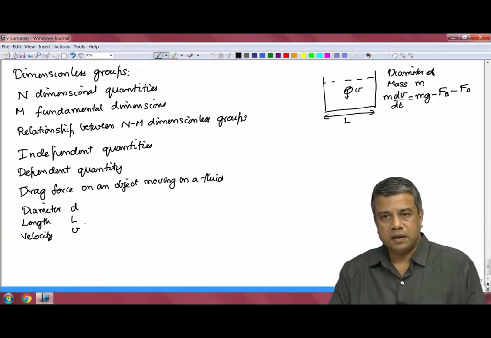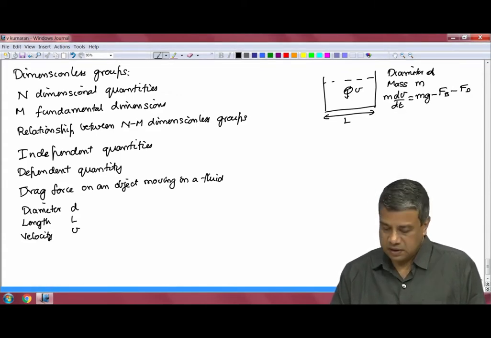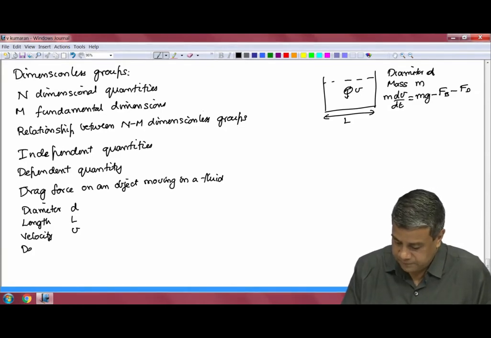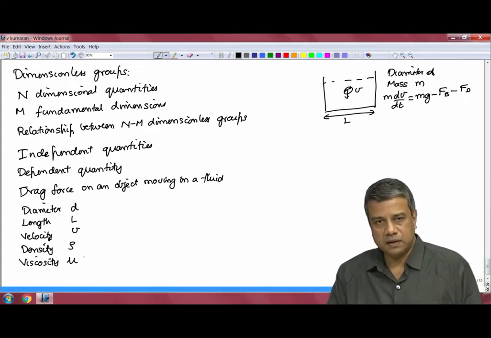And there is a drag force because the fluid is moving relative to the object. Therefore, the drag force has to depend upon the flow properties of the fluid. And the two flow properties of the fluid are the density and the viscosity. So, these are the independent parameters.